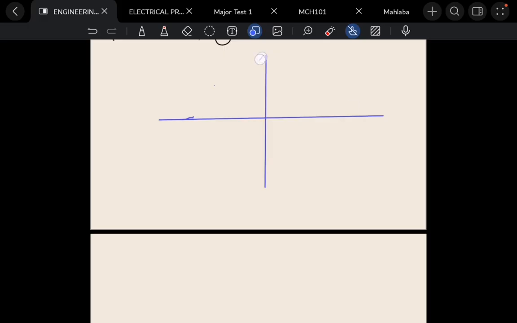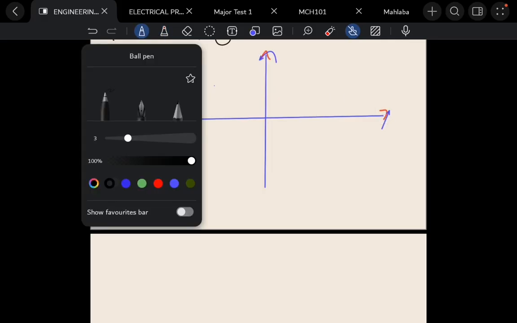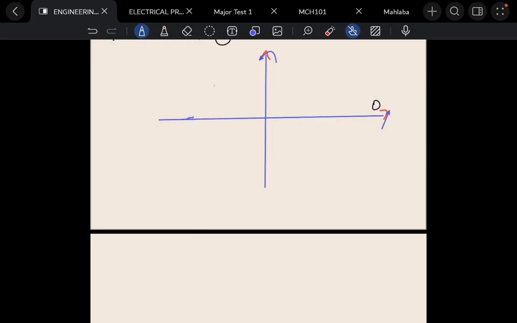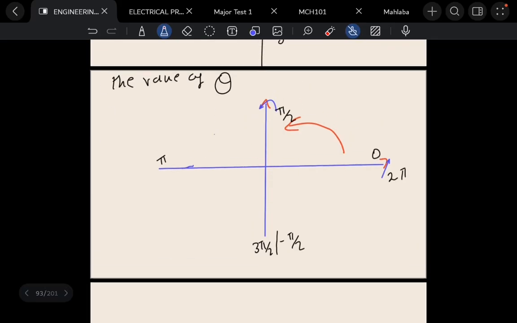Your theta is measured from 0, pi over 2, pi, 3 pi over 2, or negative pi over 2 to 2 pi. So we're measuring this theta from here. You're moving anti-clockwise.